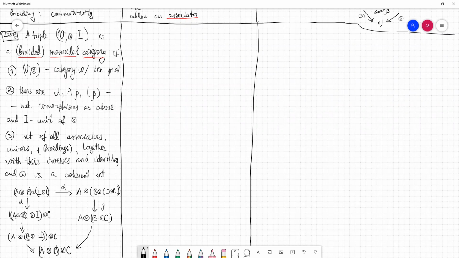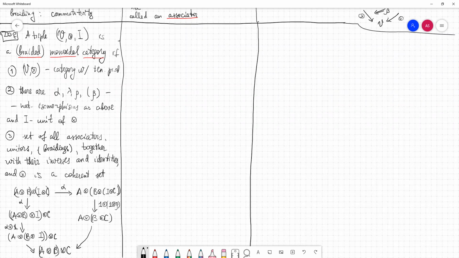Then later, inside parentheses, I used associator cross identity on C. Then, yeah, here it's not just rho, it's identity tensor rho.